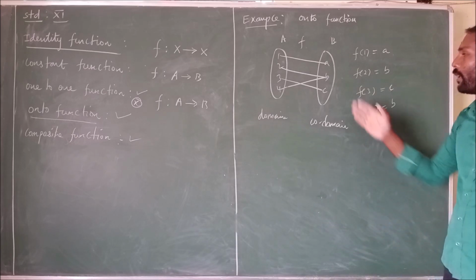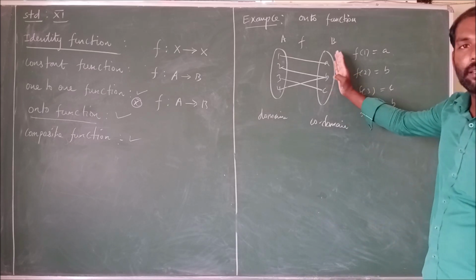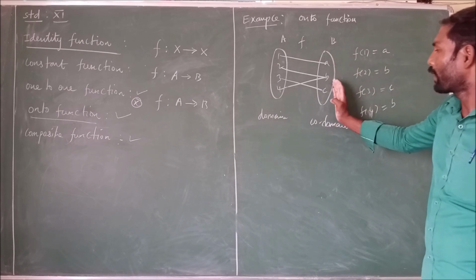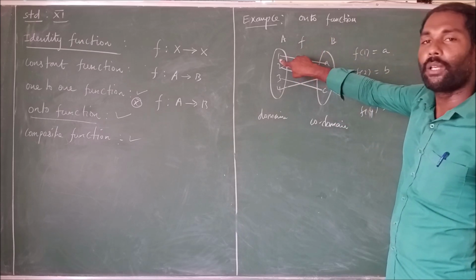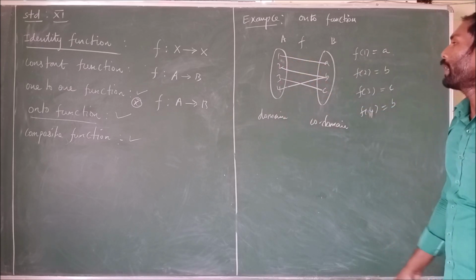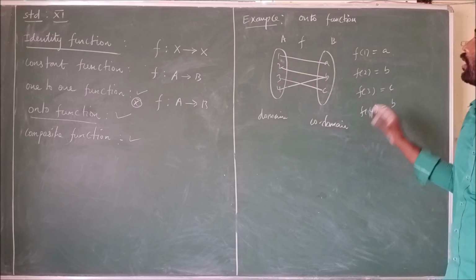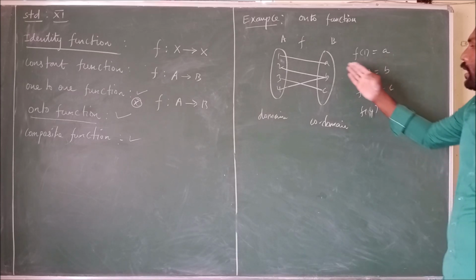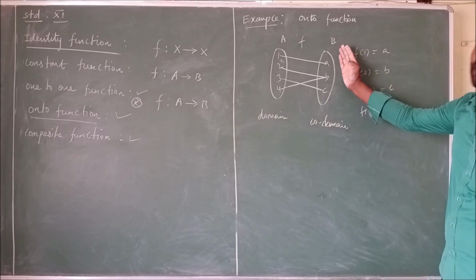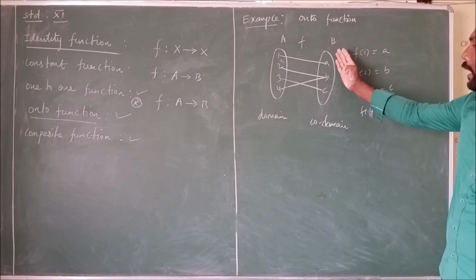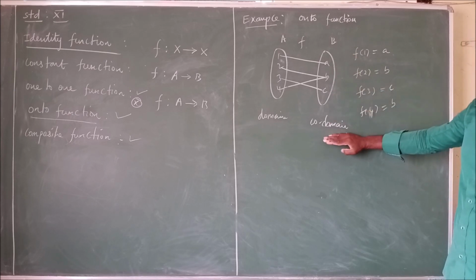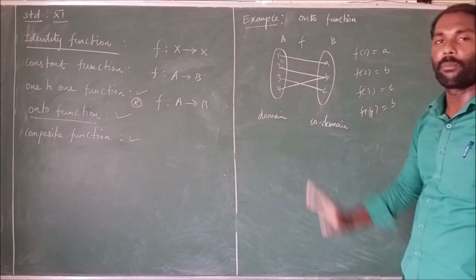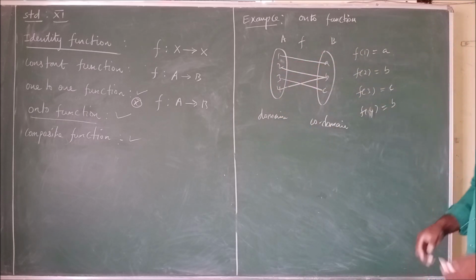It means that for all elements in the codomain there exists at least one pre-image in the domain. It is called an onto function. Clear that? It is called an onto function.